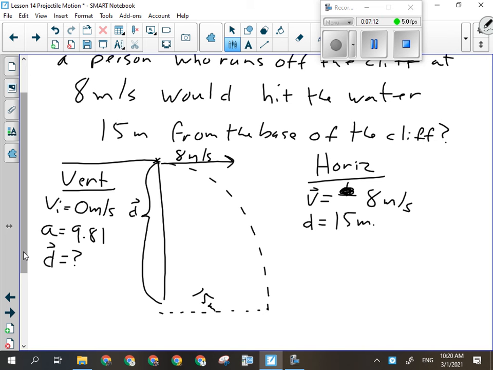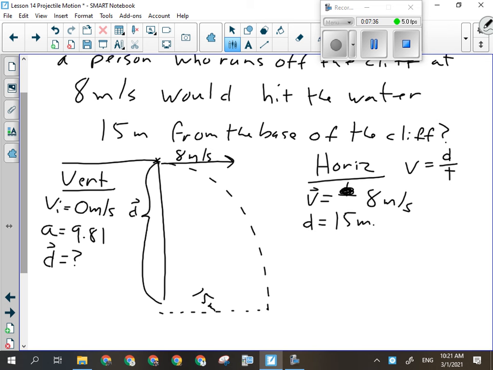Now we just said a minute ago that horizontally it's going to travel at a constant velocity, which means that formula applies to the horizontal part of my movement. So what can I calculate right now with the horizontal information? Time. Is the time going to be the same for the horizontal and the vertical parts?